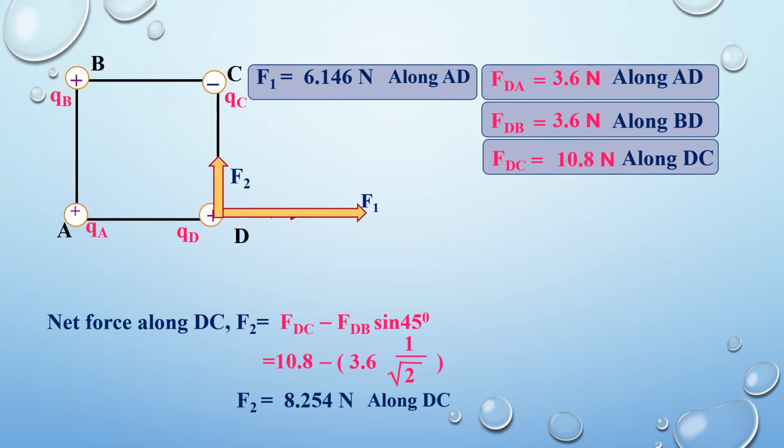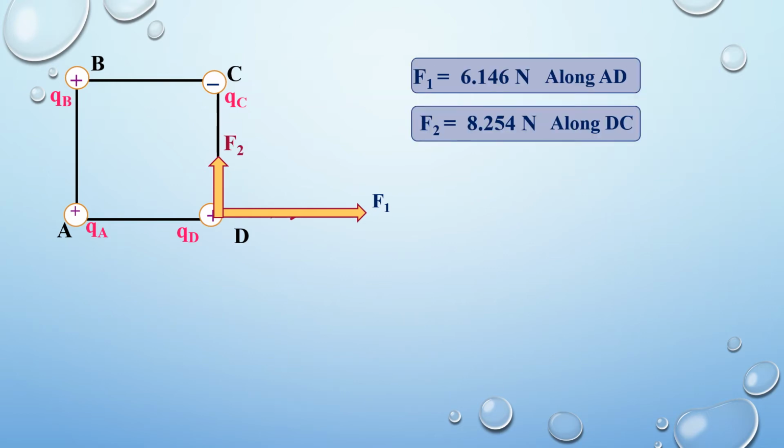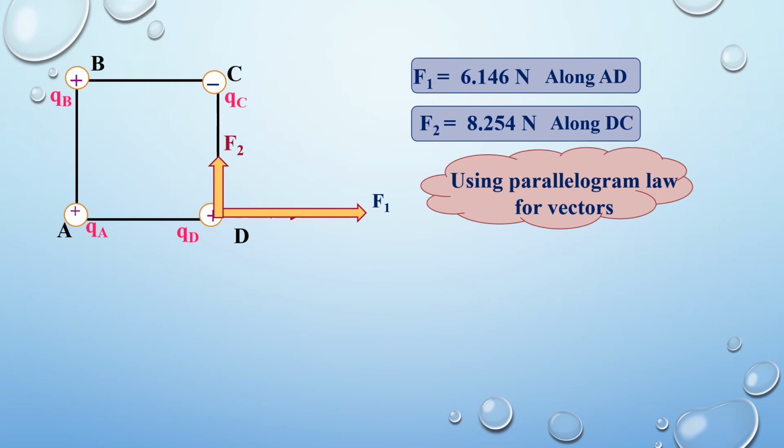So the values of F2 as well as F1 are known. Now, since we have calculated F1 as well as F2, we can find out what should be the resultant force. To find the resultant force of F1 and F2, we will use the parallelogram law of vector addition.